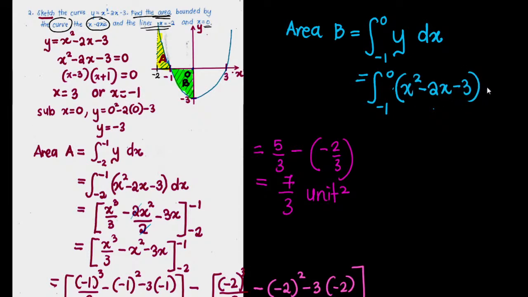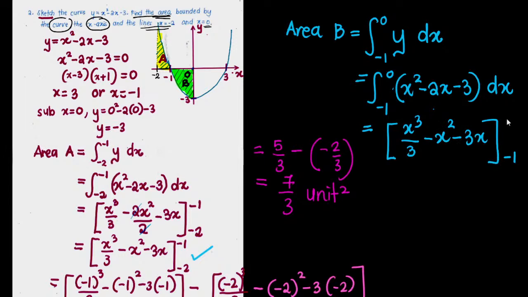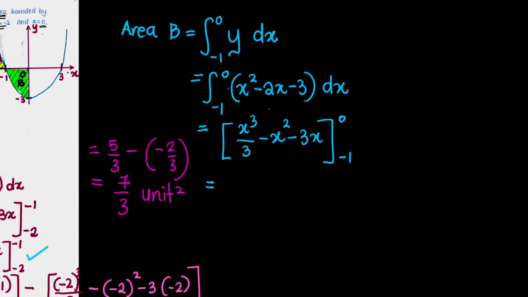This one I put in bracket. Then you integrate this, so you can just copy from here. Remember, you already integrated just now. So x cubed over 3 minus x square minus 3x, then from negative 1 to 0. So let's key in everything. I think 0, you will get 0 when you substitute.